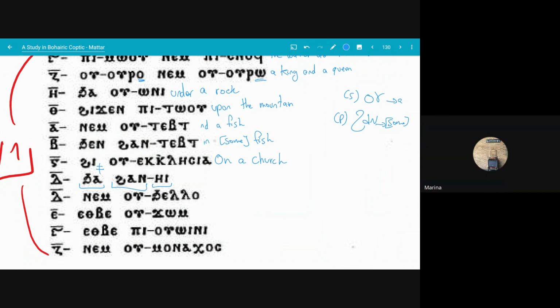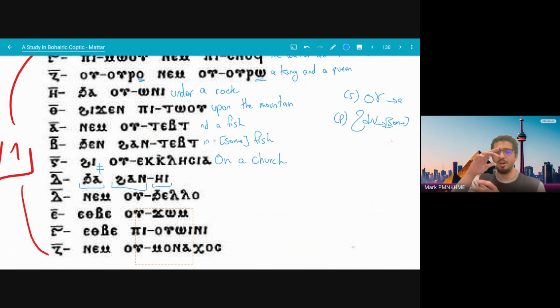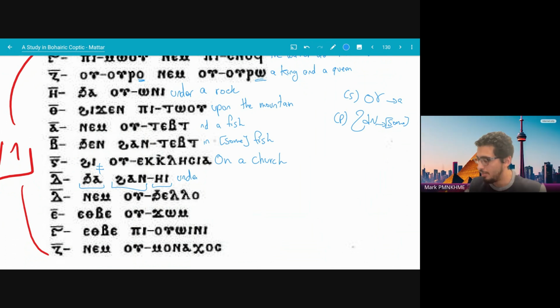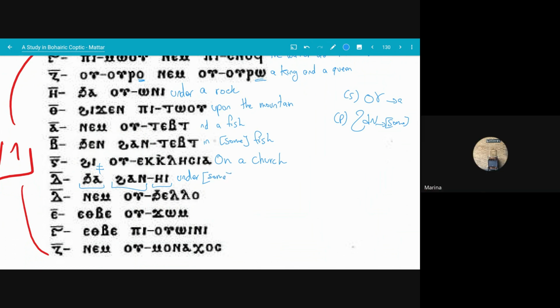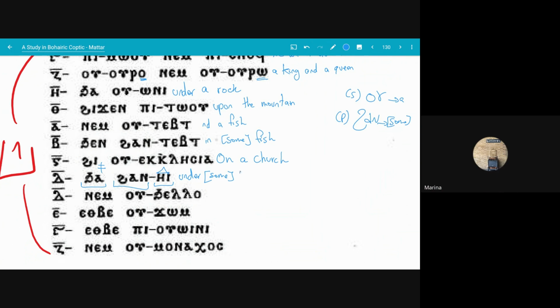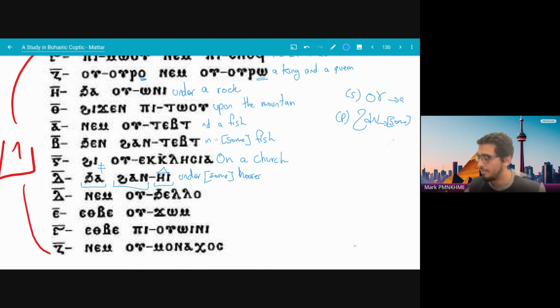So Ha. Those are the opposites of each other. He and Ha are opposites. So Ha means under. And what's Han? Han is some. So under some. And E is houses. Houses. Okay. Yeah. All right.